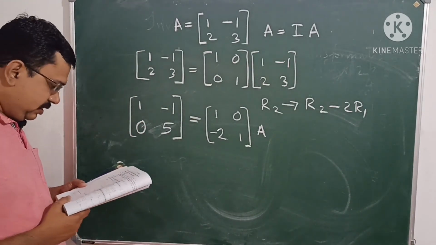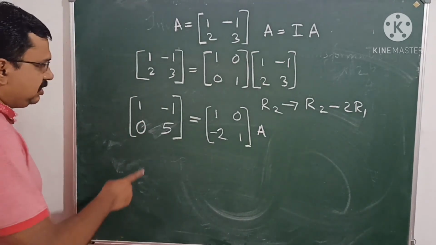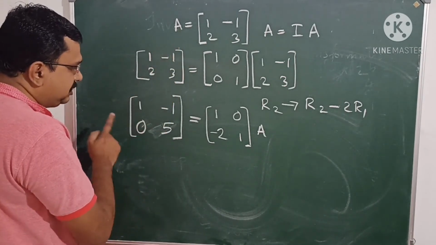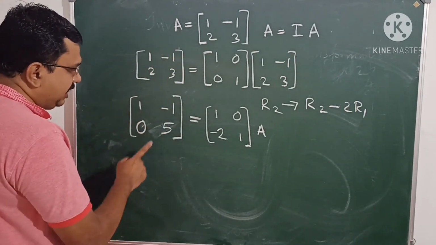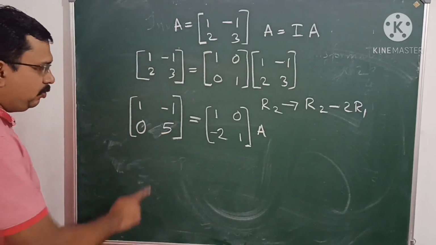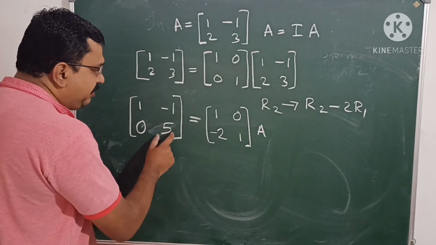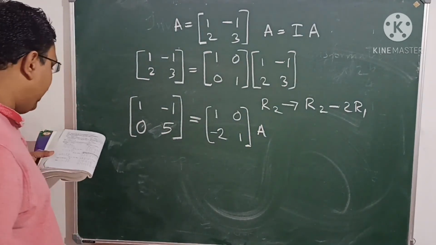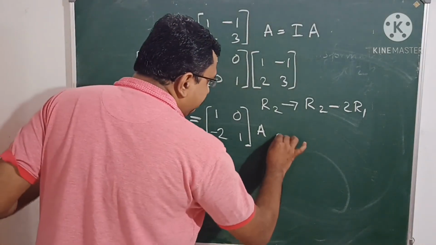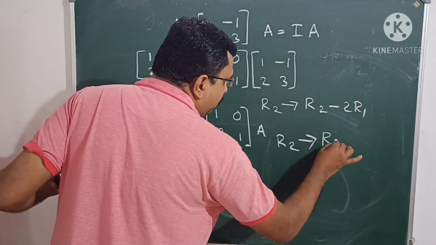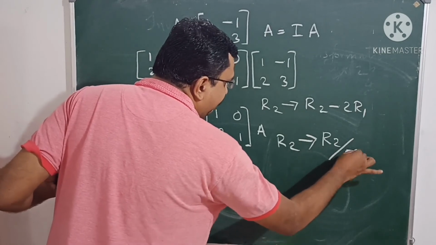Now look at that. Now we want to convert this element. We want to convert A into I. The first step is already completed. In the second step, we want to convert this 5 into 1. How to convert 5 into 1? Very, very simple. R2 divided by 5. R2 is changing into R2 divided by 5.